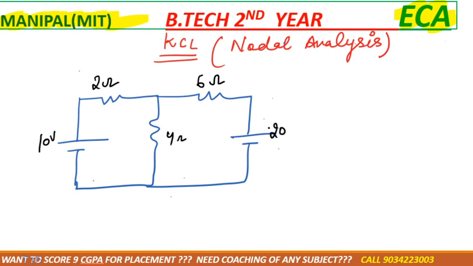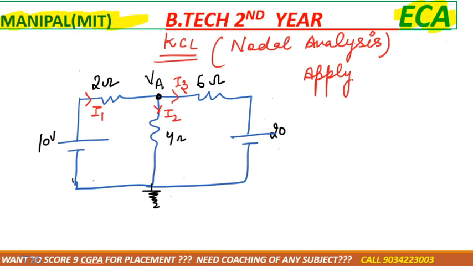Now tell me, how many nodes do we have? In this case, we have one main node, this one, and one node must be grounded, right? Now next step, we have to mark the current directions, that is I1, I2 and I3, right?